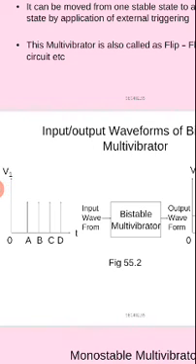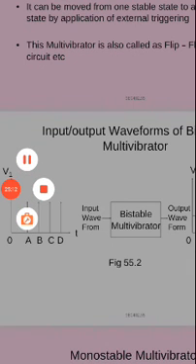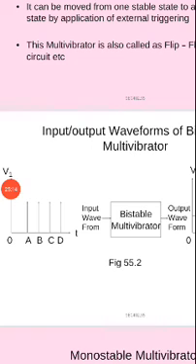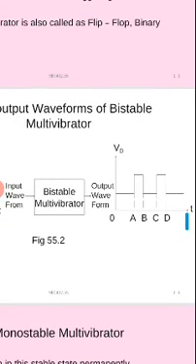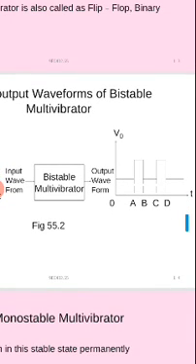Pulses A, B, C, D are the bistable multivibrator input waveform, and the output waveform is shown.